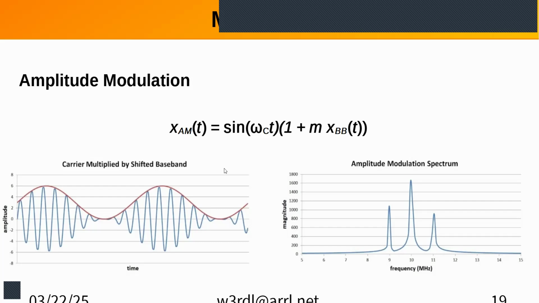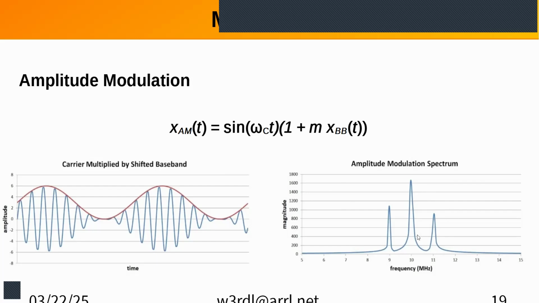Carrier frequency here is. Okay. So omega C, the baseband, is that the modulated signal? Mm-hmm. Okay. But that keeps varying, right? Yeah, it won't be static like in this picture. Those sidebands are going to be moving around and up and down.